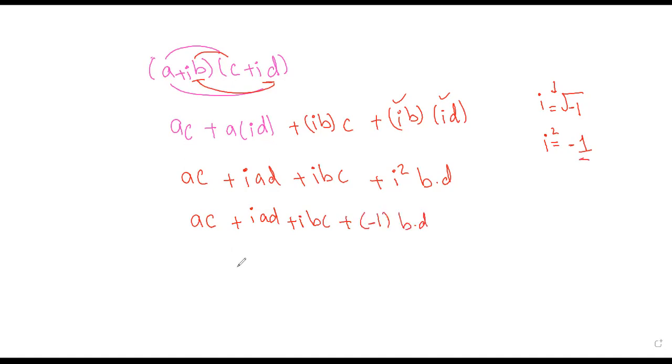And finally, I will have ac minus bd plus iota ad plus iota bc. The real part of this new complex number is ac minus bd, plus I can take iota common and I have ad plus bc.